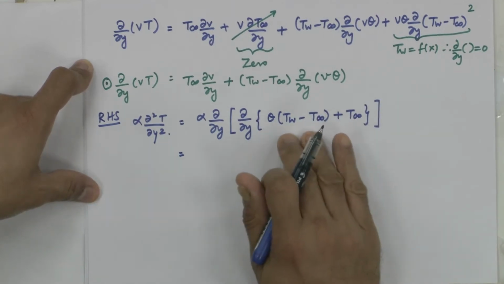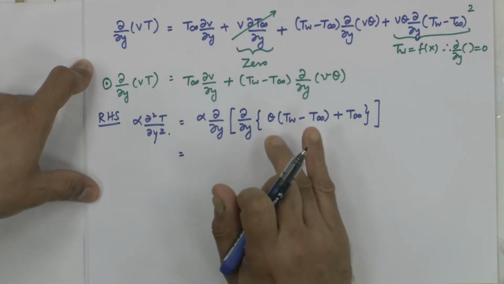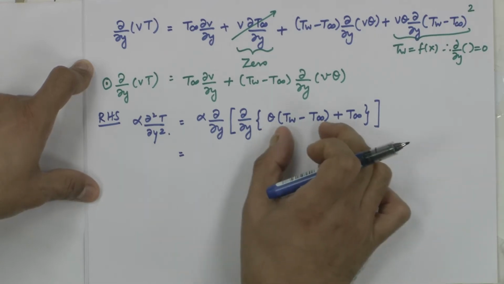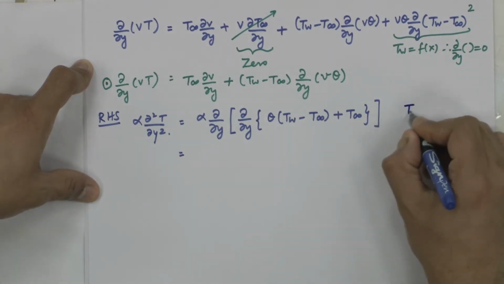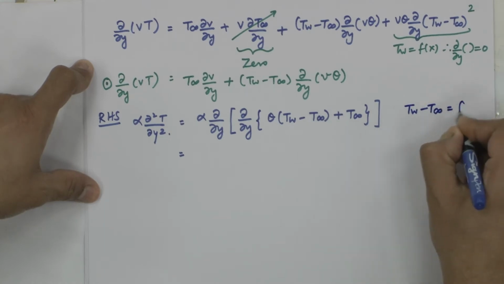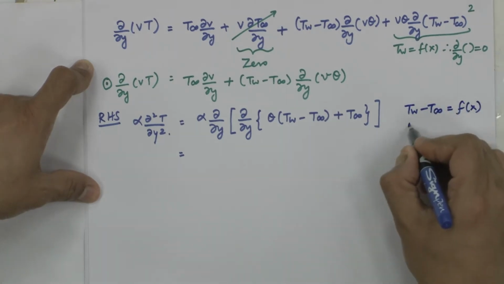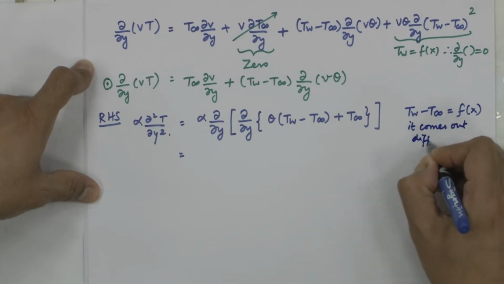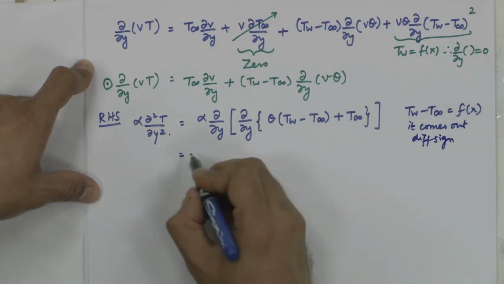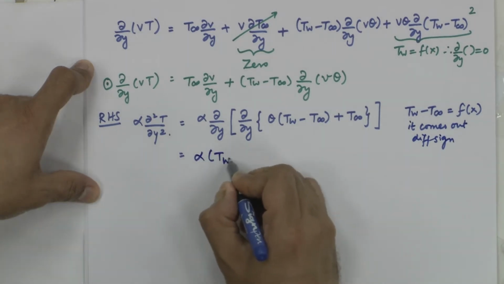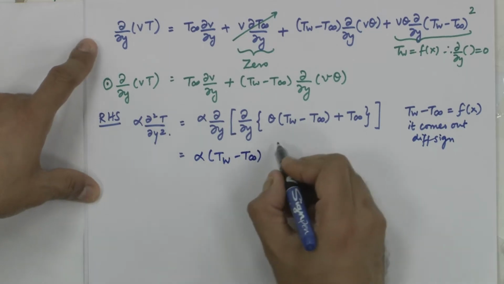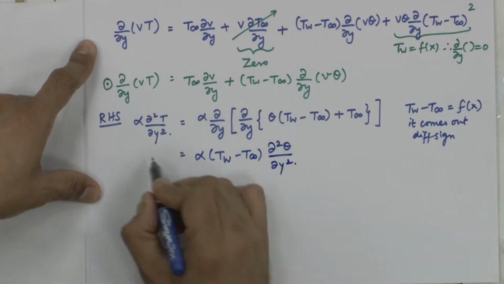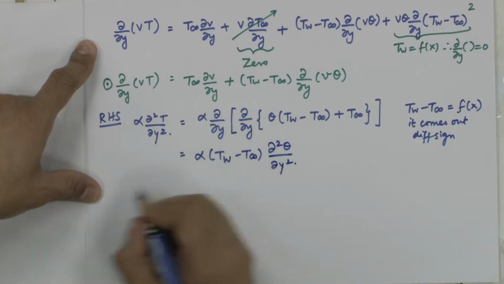I have two terms here. So, d by dy of theta times Tw minus T infinity. Tw minus T infinity is a constant with respect to y, is only a function of x. So, it can come out of the differential sign, and therefore, I would get alpha Tw minus T infinity d squared theta by dy squared. This is my right hand side first term.